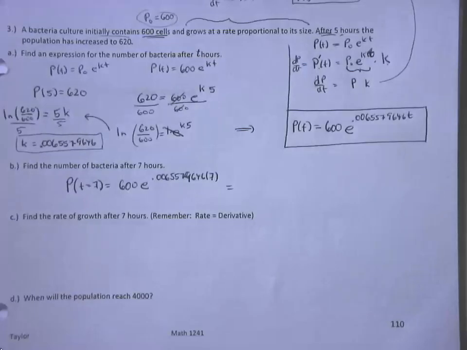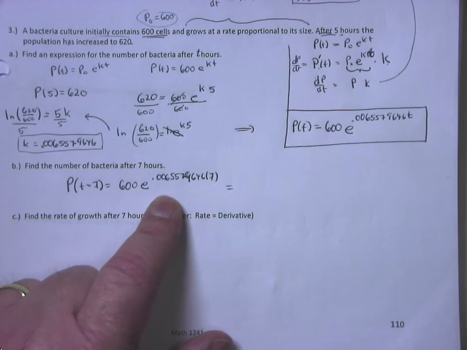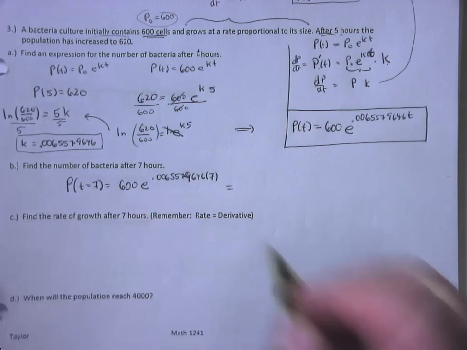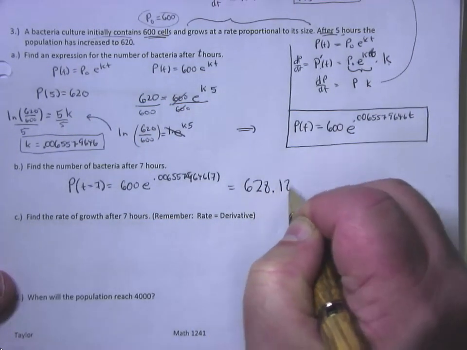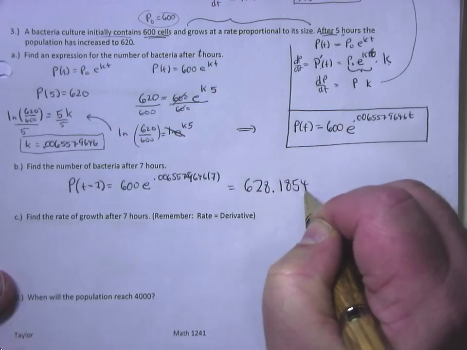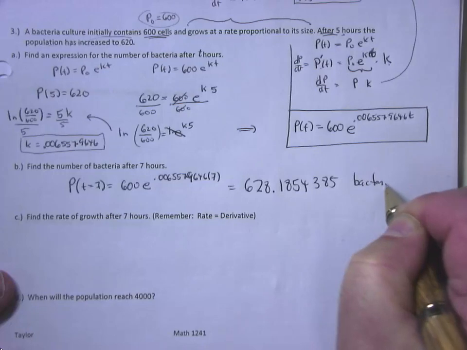You don't need to see that. Double check me, but I get 628.1854385, and this would be bacteria.